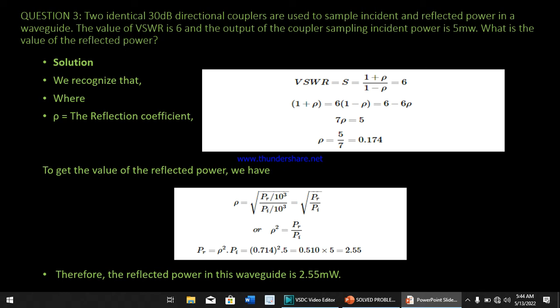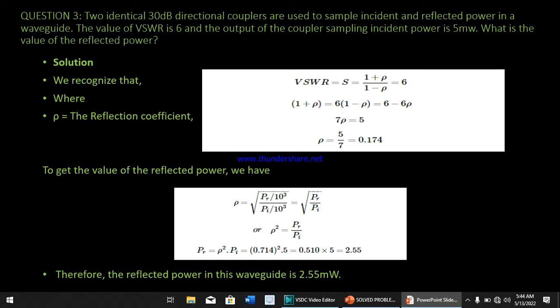In this aspect, to get the value of the reflected power now, we have the formula for the reflection coefficient, which is the square root of reflected power all over the incident power. So making reflected power the subject of the formula, we have P subscript R, which is the reflected power, equal to rho square times the incident power.